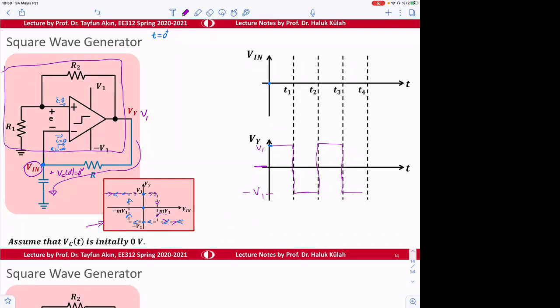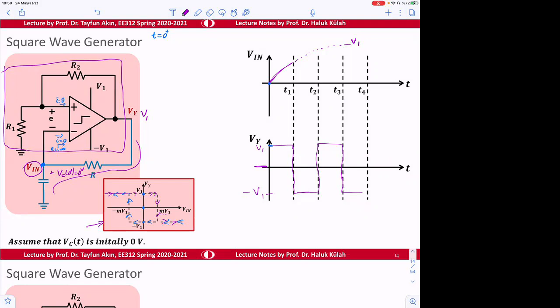And that means the signal will try to reach a target value, which is V1. So that's what the capacitor is trying to reach.